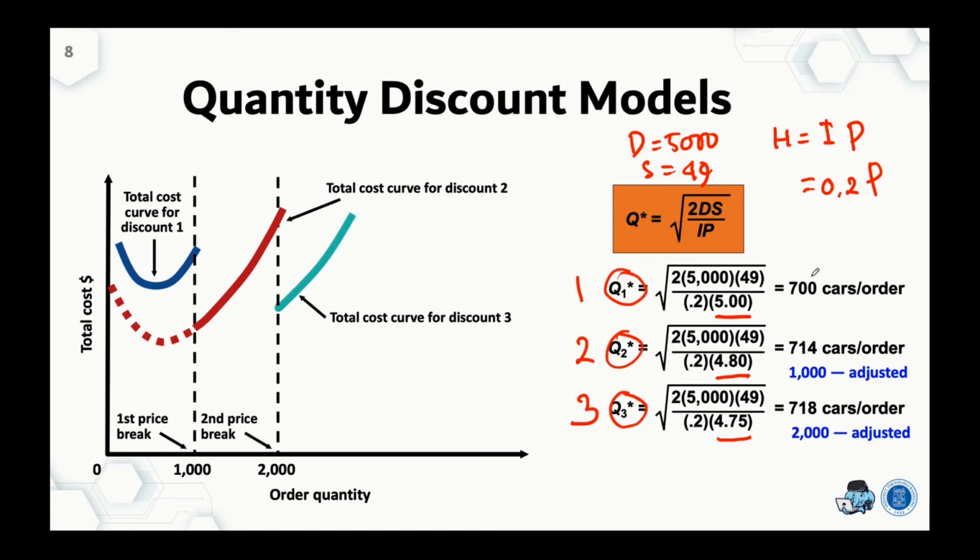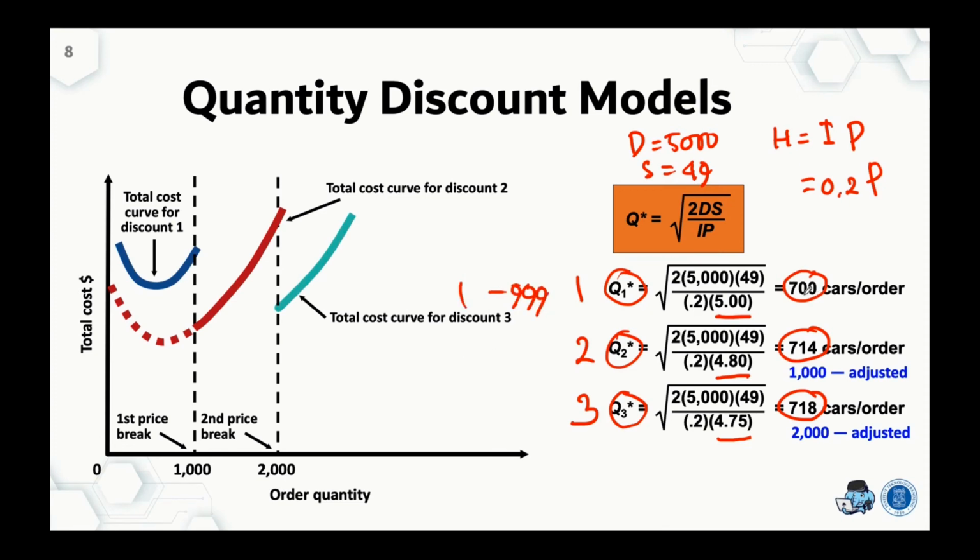So we come up with these numbers: 700, 714, and 718. If we consider them one by one, the Q of 700 is in the area of region 1, because region 1 is purchasing from 1 to 999.